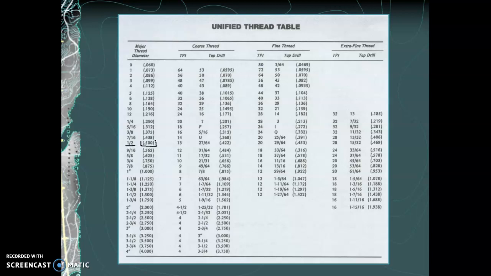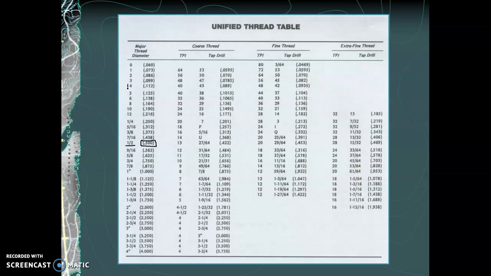Half inch is 0.500, so you might just see 0.500. But you can also specify the size of a hole with a number, like 0, 1, 2, 3, 4. And so you would have to refer to a chart like this.